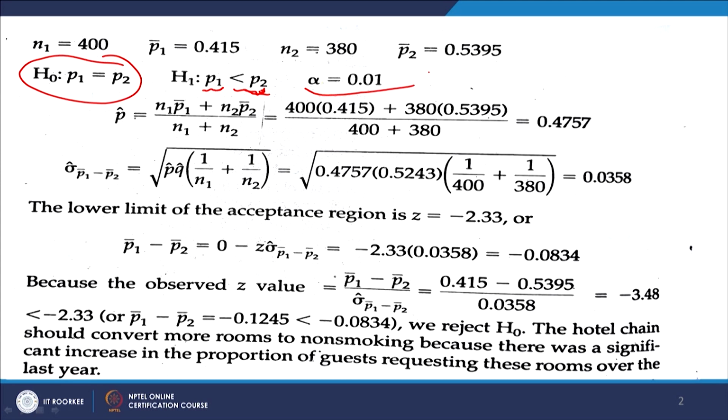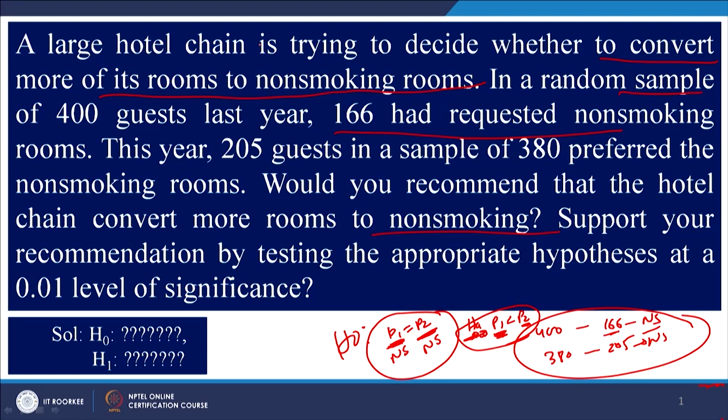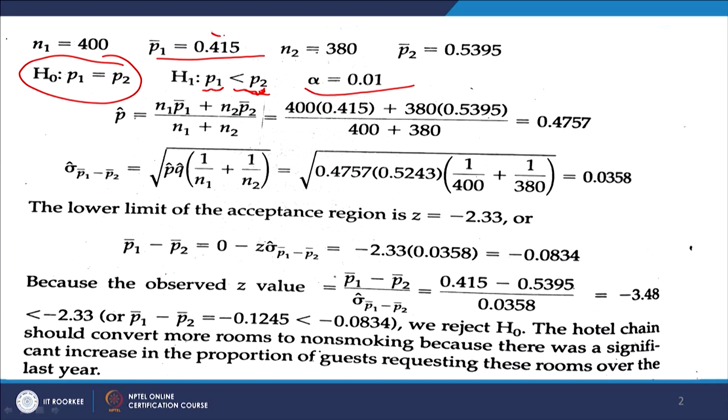How did you get these values? You just get them from 166 by 400 and 205 by 380. That is how you get 0.415 and 0.5395. The standard error of the difference of population proportions is 0.0358.